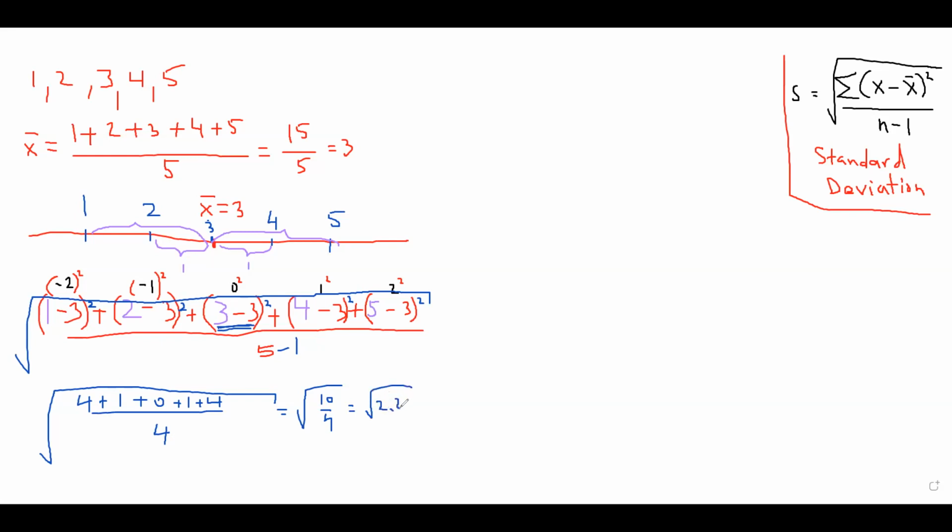So if I take the square root of 2.5, it's going to be about 1.5. And that's exactly what we intuitively estimated when we looked at the gaps of 1 and 1, and the other gaps were 2 and 2. So you can see that between 1 and 2, there is 1.5, so that should be the average. And that's actually what the standard deviation is all about.